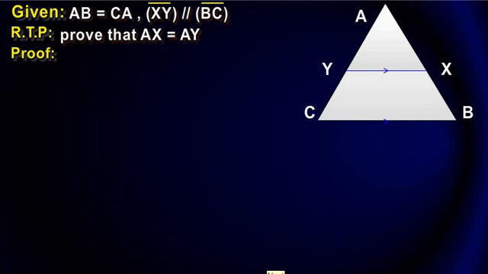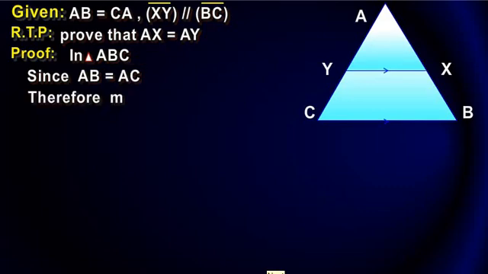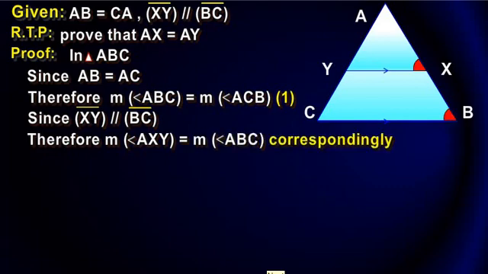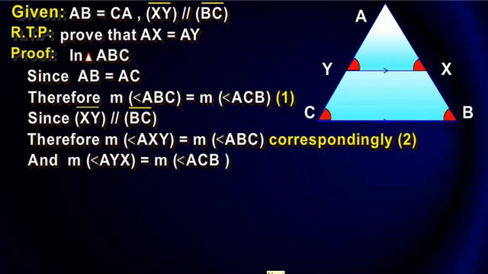Proof. In triangle ABC, since AB equals AC, therefore measure of angle ABC equals measure of angle ACB. Since line segment XY is parallel to line segment BC, therefore measure of angle AXY equals measure of angle ABC, correspondingly, and measure of angle AYX equals measure of angle ACB, correspondingly.